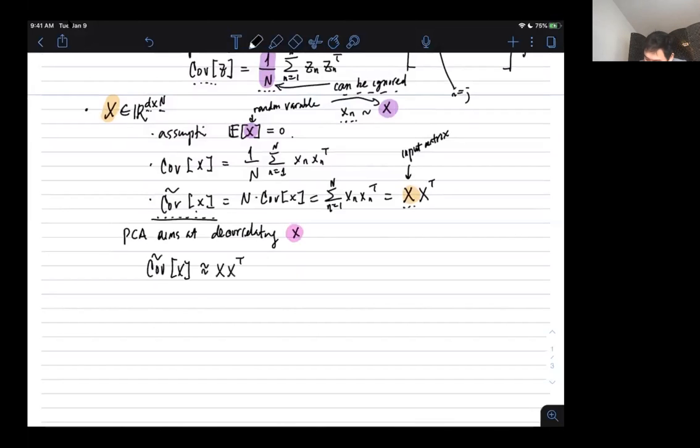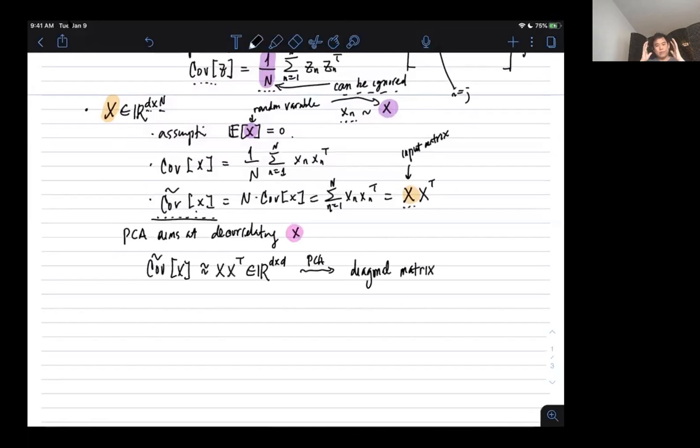It ends up being a D by D matrix. And then what we want is that my PCA is going to turn it around so that this is going to be some kind of diagonal matrix.